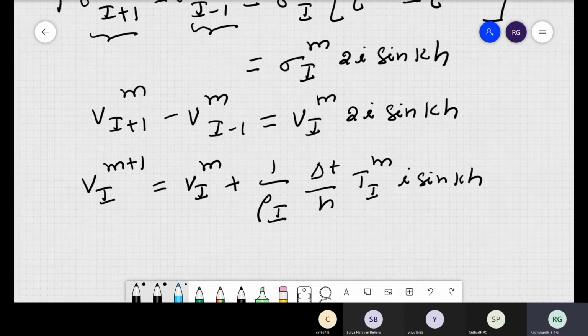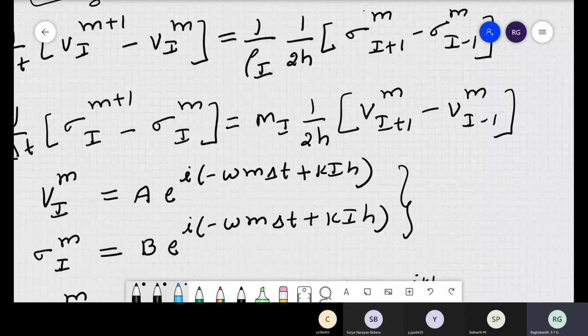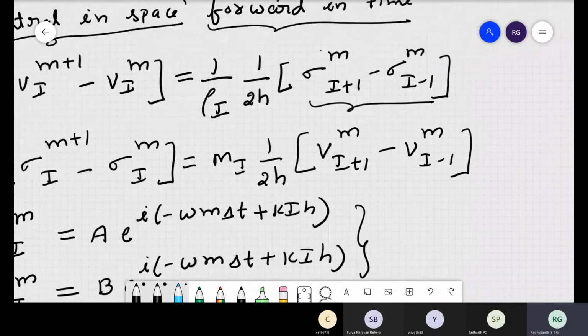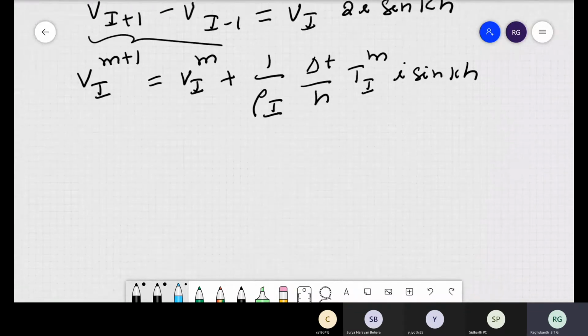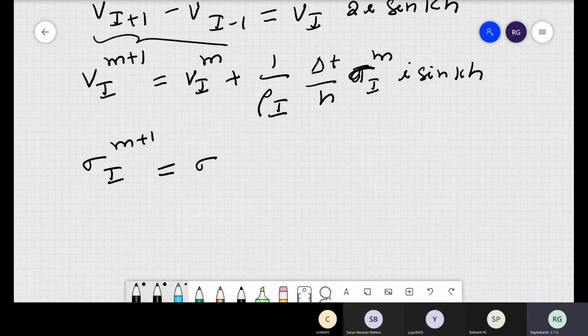We are just substituting this in the above equations, wherever you have i plus 1, you substitute this quantity. Now you will get two equations, one for v_i and one for sigma as well. So this is sigma_i^(m+1), and this is sigma_i^m.